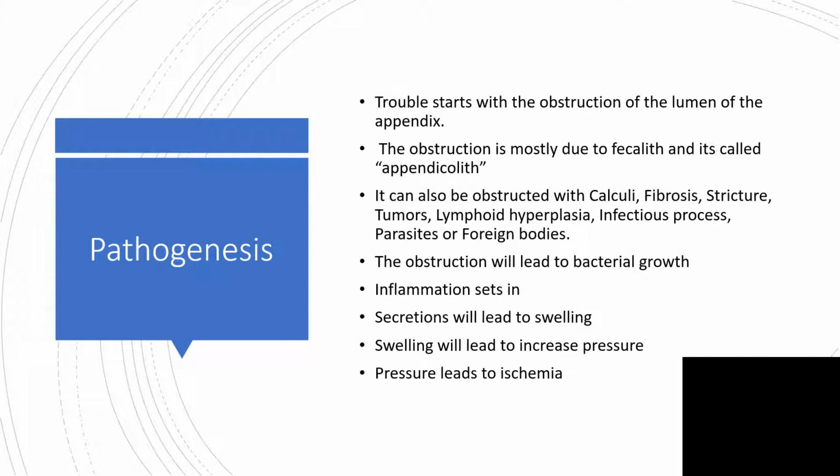The obstruction will lead to bacterial overgrowth, and that will lead to inflammation. When inflammation sets in, there will be secretions, and the secretions will lead to swelling. The swelling will lead to increased pressure, and the pressure will lead to ischemia.